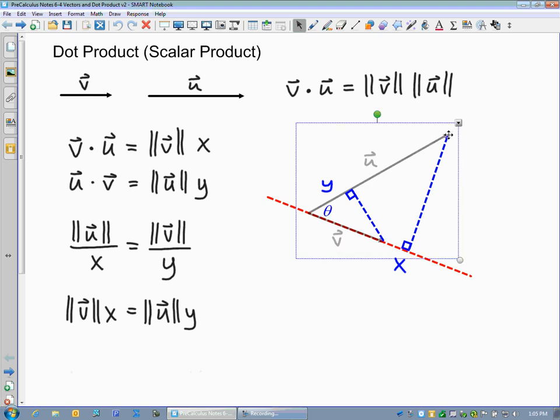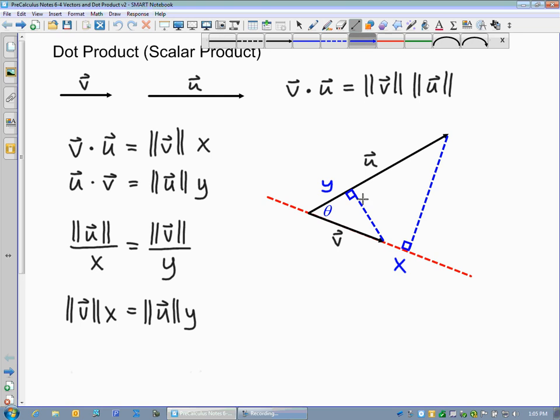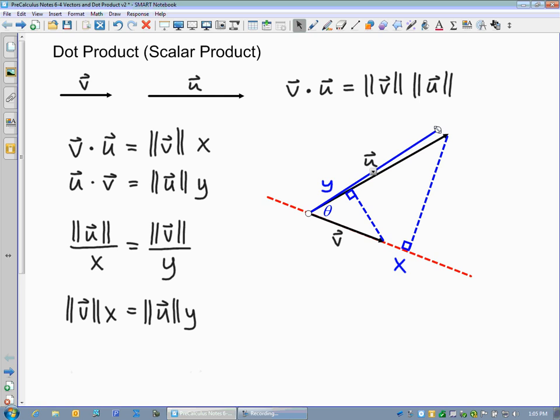Now let's say we take a look at the vector u. If I start to move vector u this way, in other words, I'm opening up theta, then this perpendicular starts to move with it as well. Or in other words, point x starts to move towards the initial point.